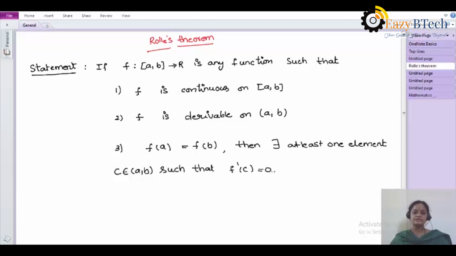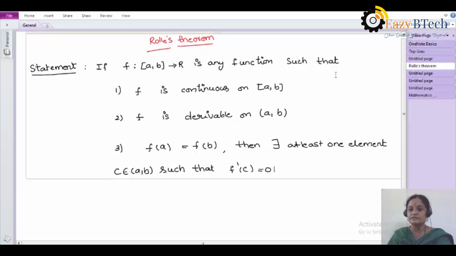So if any function satisfies all these three conditions, then there exists at least one element in the open interval a comma b where f dash of c is equal to 0. This is the statement of Rolle's theorem.